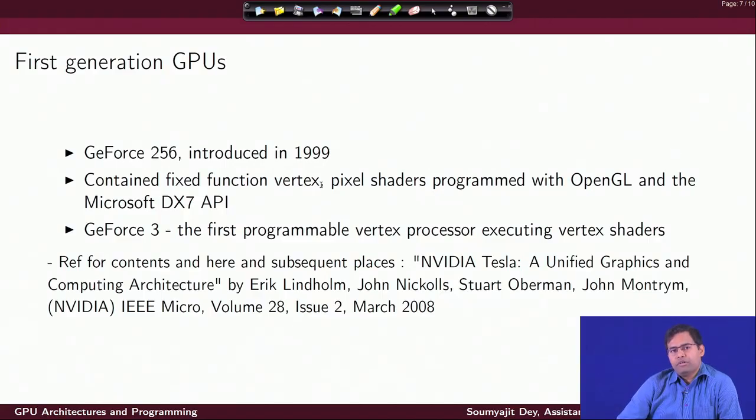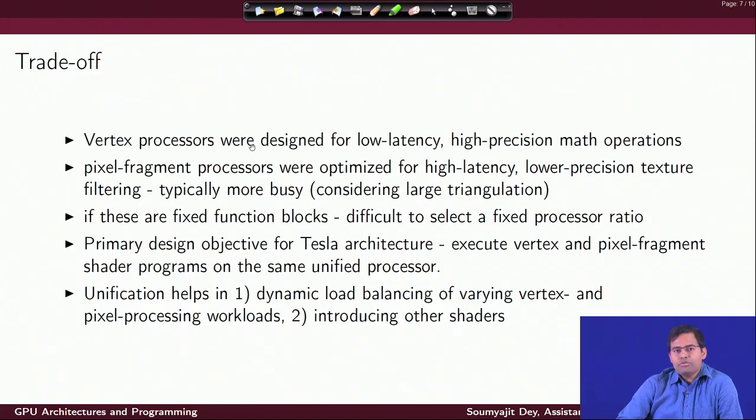There will be a fixed function block which will do the pixel shader processing and all that. So, they had quite well defined objectives. The vertex processors will operate on coordinates, but they will implement high precision math operations at low latency. That was the design objective of a fixed function vertex processor.